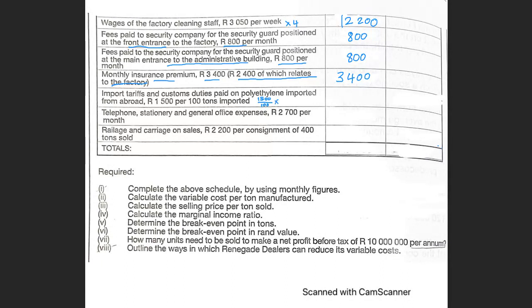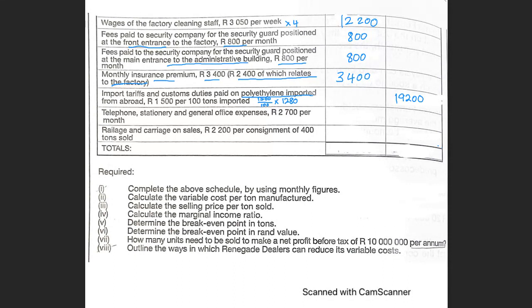And then for the month, we produced 1,280 tons, so we multiplied that by 1,280. This gave us a value of 19,200, and it is variable in nature because this is based on the raw materials, the polyethylene that is imported. So the more we produce, the more raw materials we'll need, and the higher this import tariff or custom duties will be.